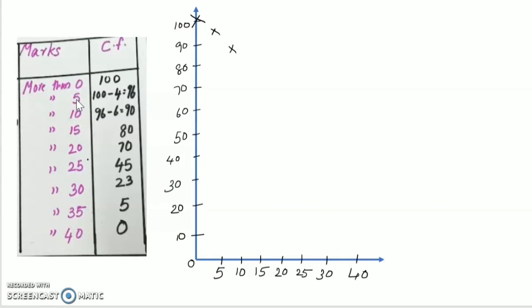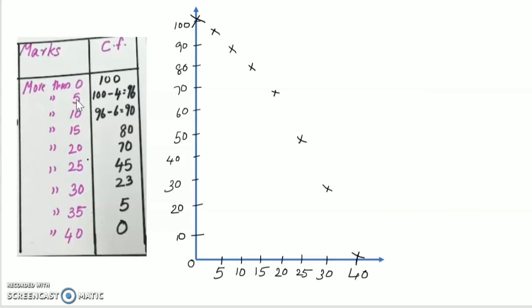Corresponding to 15, we mark 80, and then 70 corresponding to 20. Next is 45, corresponding to 25. I'm marking 45 here, and corresponding to 30, 23. Here it is 23, and corresponding to 40 it is 0.